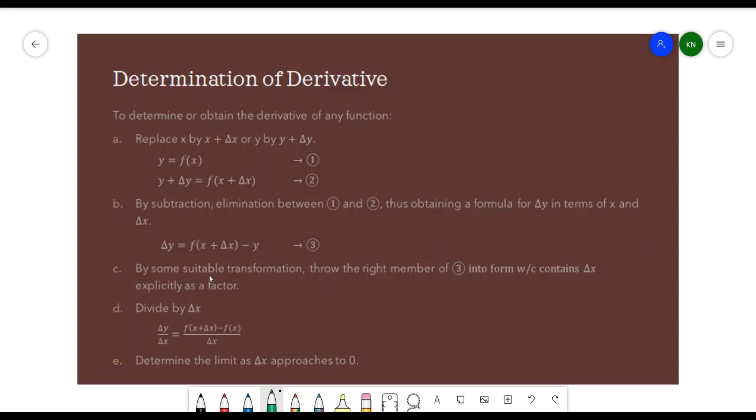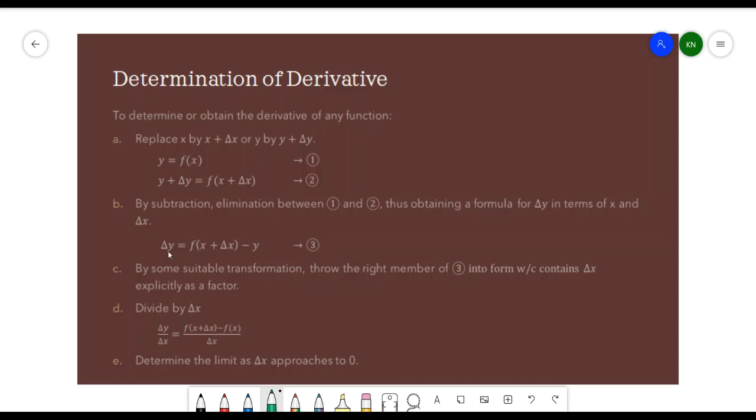Then by some suitable transformation, there can be cancellation or combination of common terms, throwing the right member of equation 3 into a form which contains delta x explicitly as a factor. Afterwards, when we have one variable on the right side of our equation, we can divide all the equations by delta x.